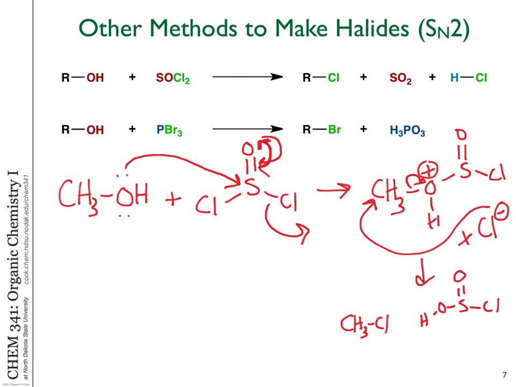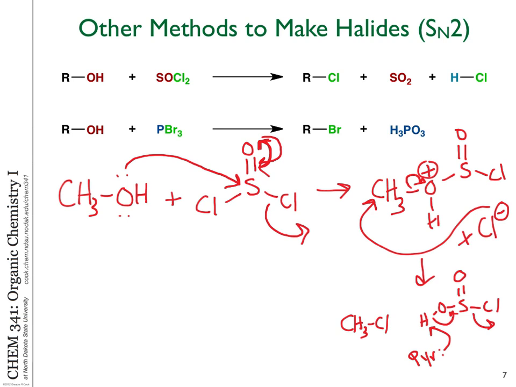This decomposes. If you think about that pyridine base, you'll get the hydrogen proton transferred to the pyridine, and then the electrons that were in the OH bond form another double bond to sulfur, and then chloride comes out. That forms SO2, and then the pyridine salt of HCl.